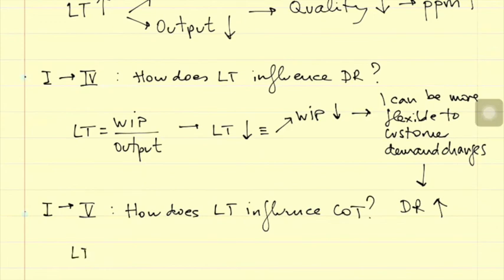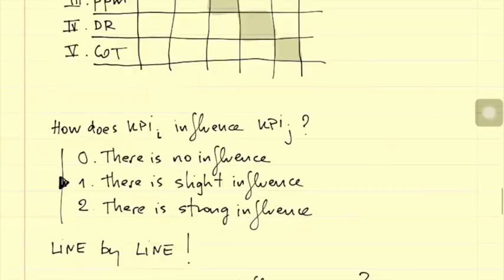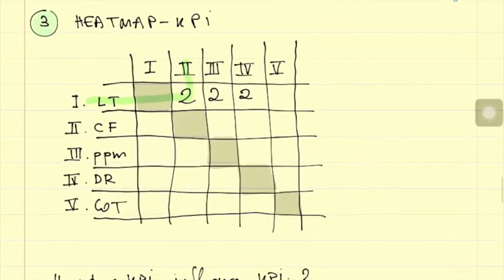Lead time is WIP divided by the output. If lead time goes down, it means that the WIP goes down, and it has no influence on change over time. So this is 0. Okay.